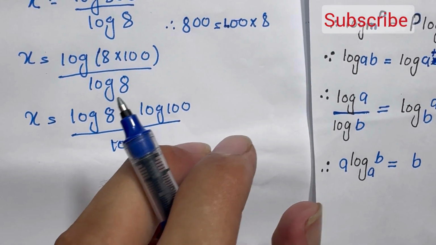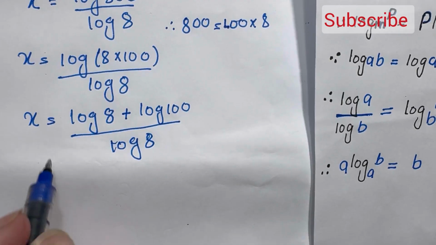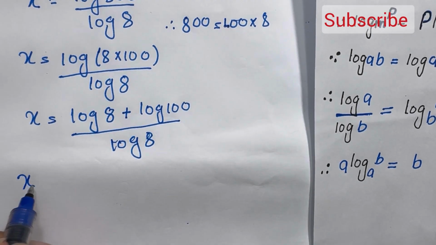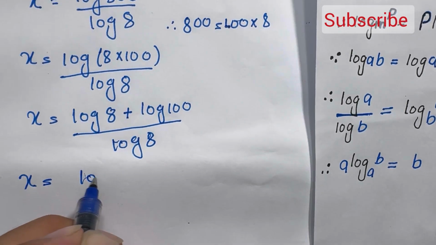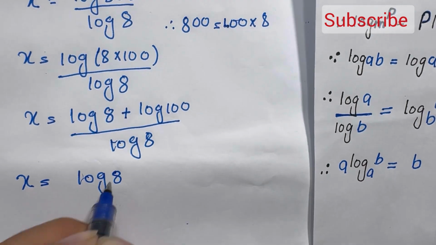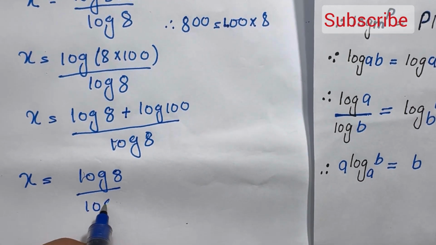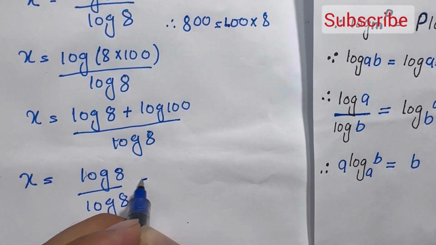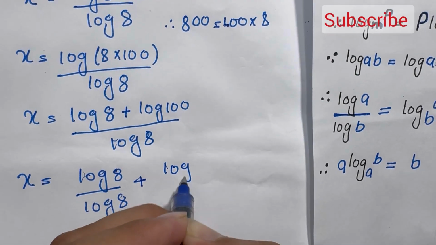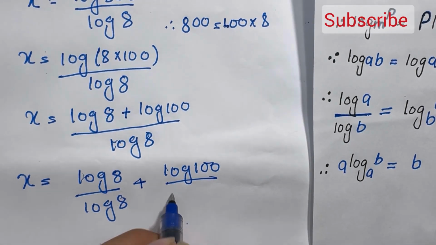So this can be written as x equal to log 8 divided by log 8, plus log 100 divided by log 8.